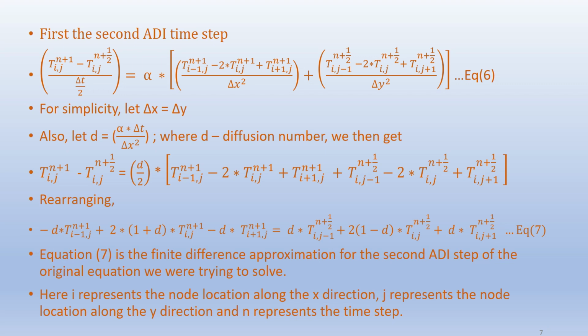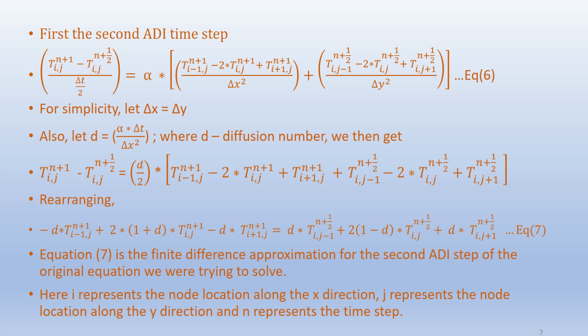Here the temperature variation is considered along the x direction with time as shown in equation 6. Again, for simplicity, let delta x equal delta y and d equal alpha times delta t by delta x squared.